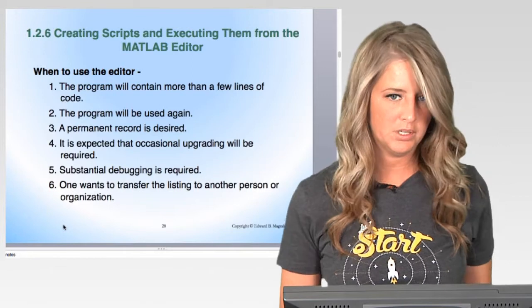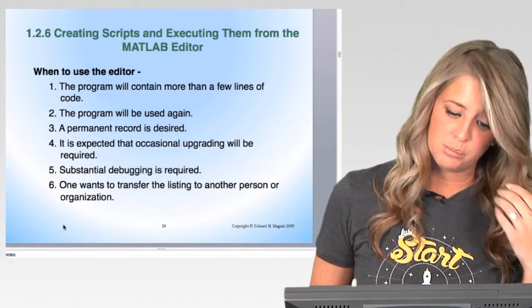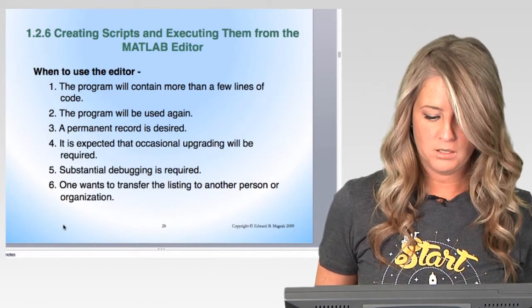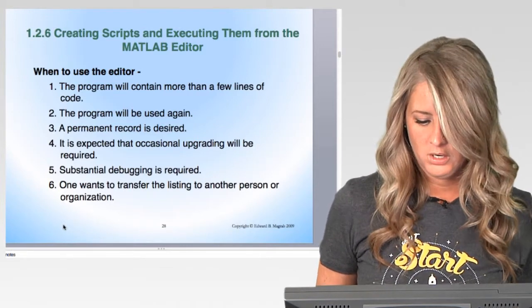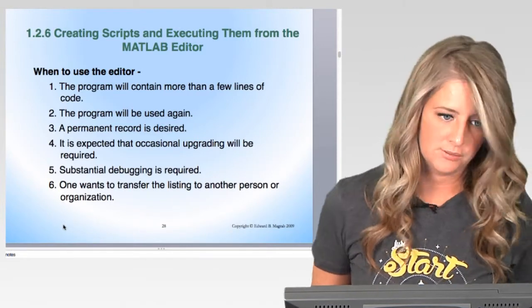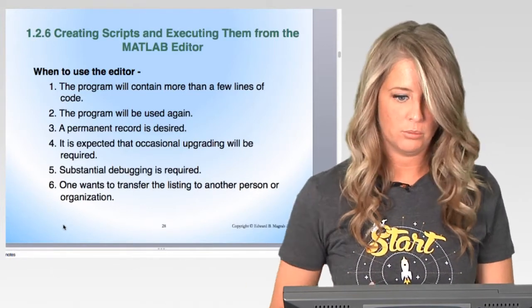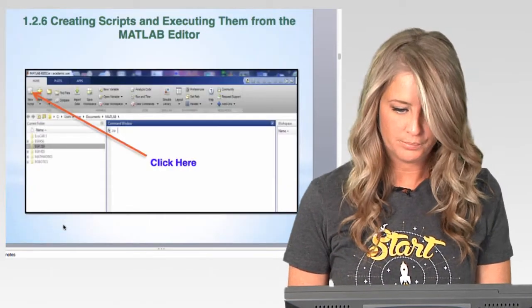But if you're going to have multiple lines of code, you're going to want to use a script. It's also good if you're going to use the program again. It's great for permanent records. If you have to do a lot of debugging, this is definitely the way to go. And if you want to transfer your code from one person to another, or from one organization to another, then you're going to want to have scripts available.